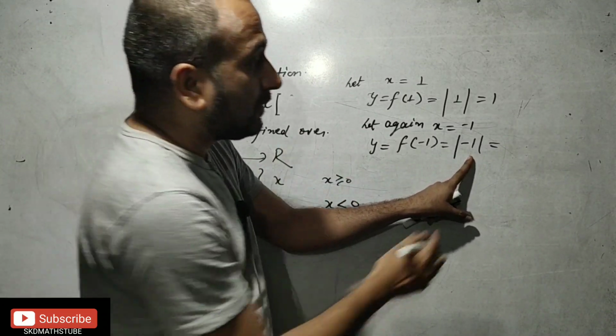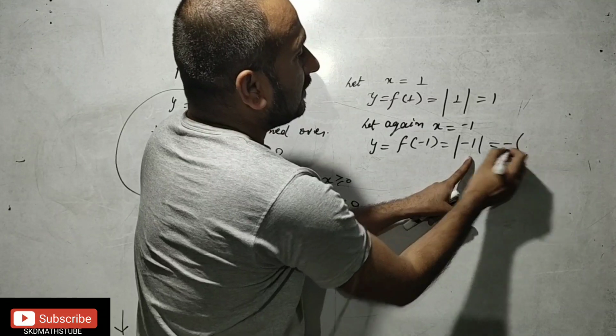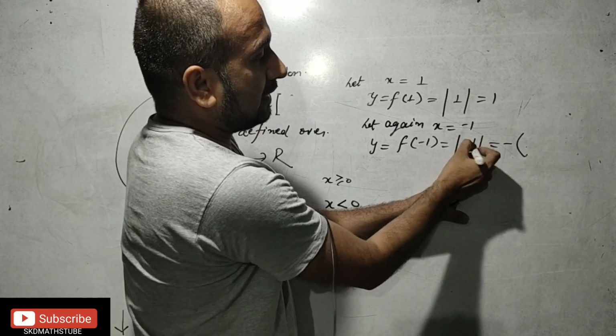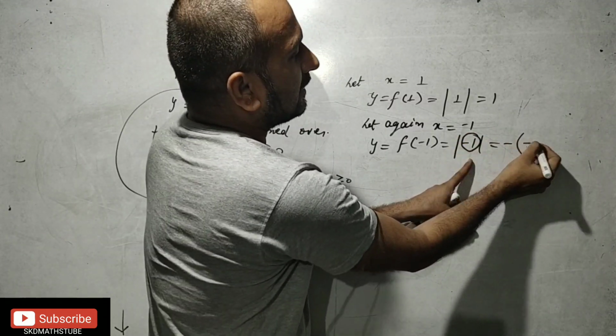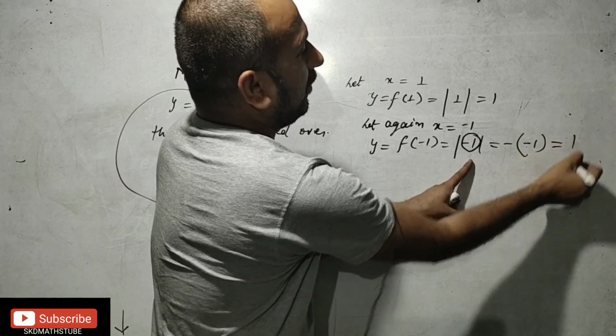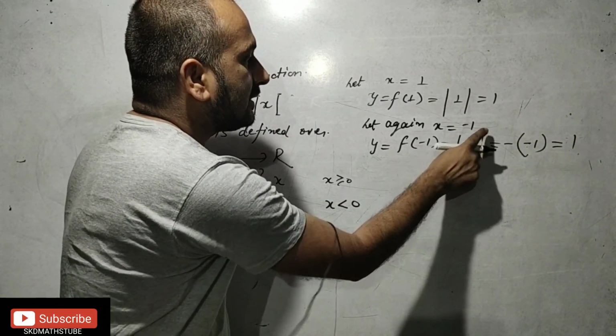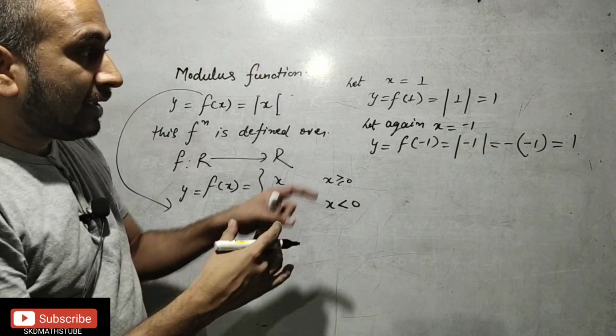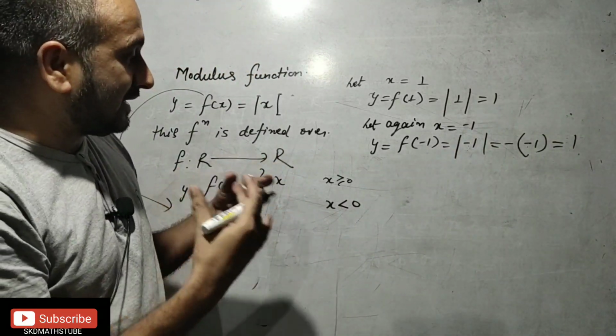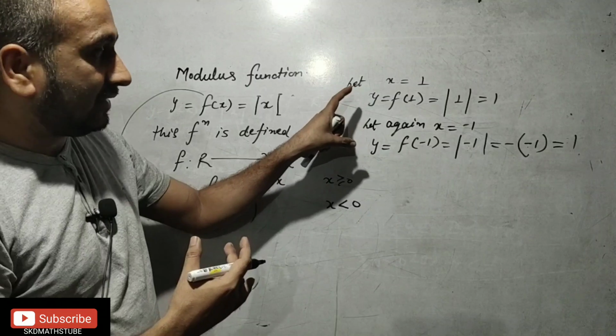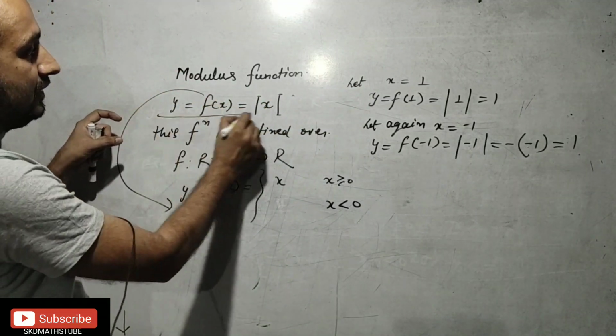And when will it be positive? When you multiply this number by minus 1, that will give you a positive value.